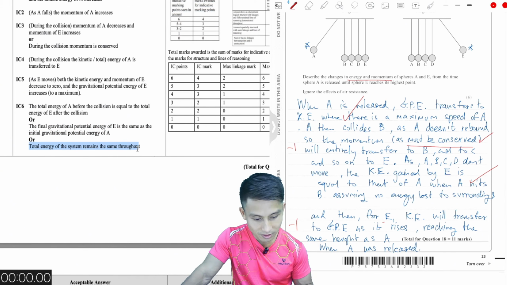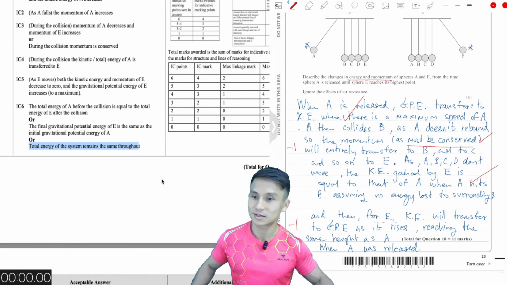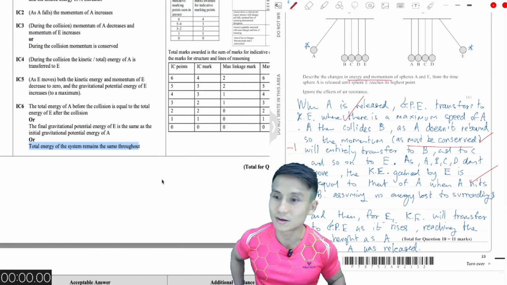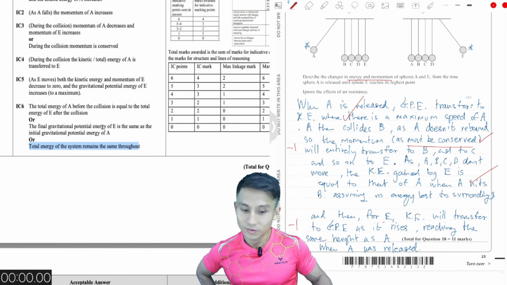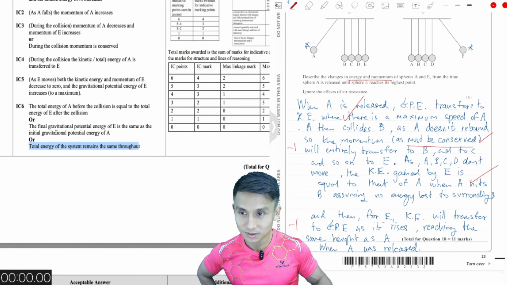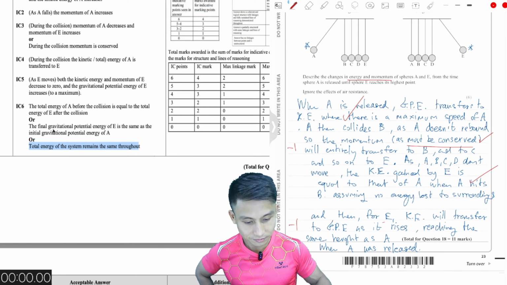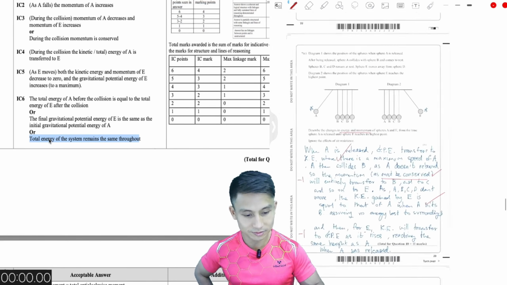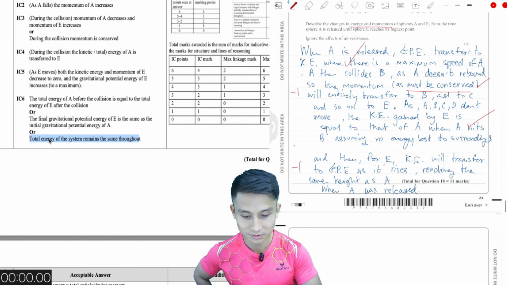Hang on. Reaching the same height as A when A was released. Didn't say any of that. Or did I just get it before? Total energy of A before collision is equal to total energy of E after collision. Maybe not. That's bad. I lost 3 marks.